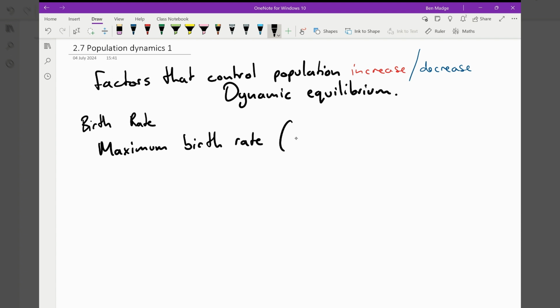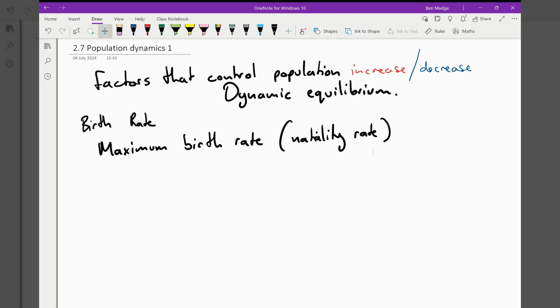This is also called the natality rate, and it's determined by the natural ability of the species to reproduce. So species that have a lot of predation, for example, will in response have lots of births per year, to make up for the fact that lots of their young ones are getting eaten quickly.